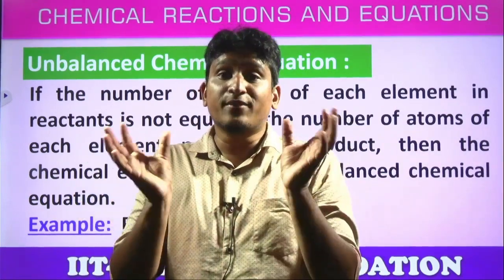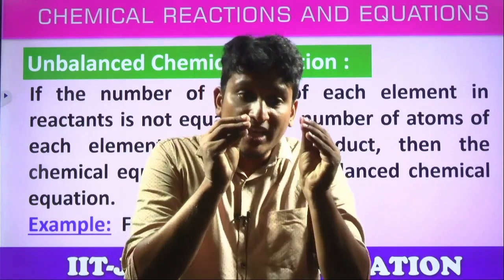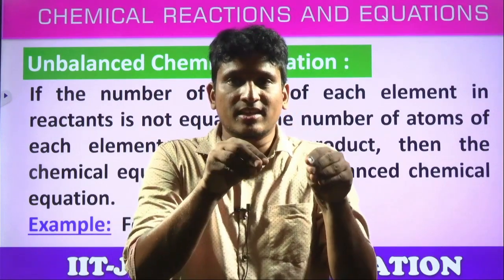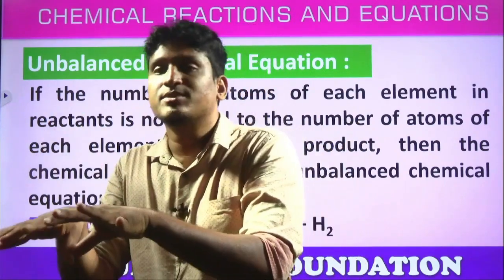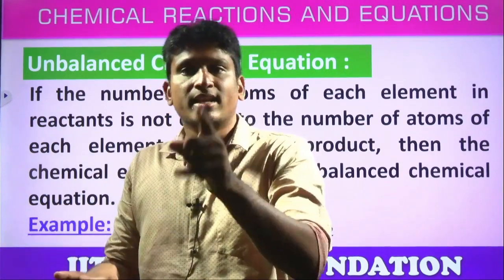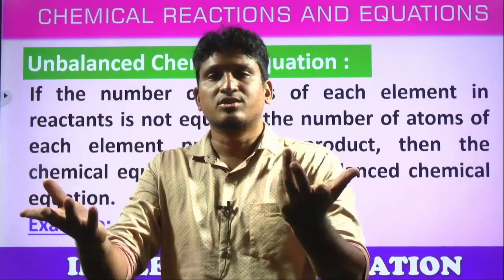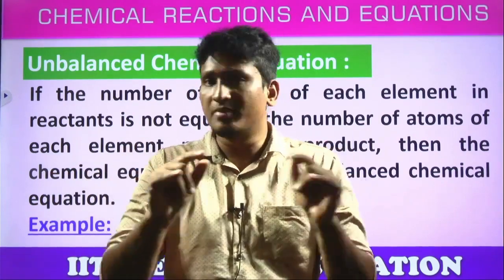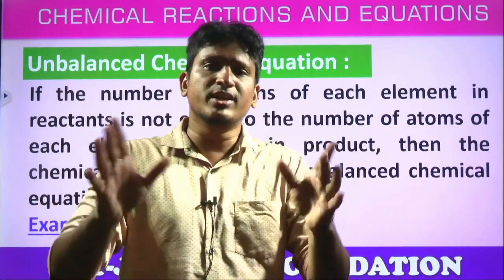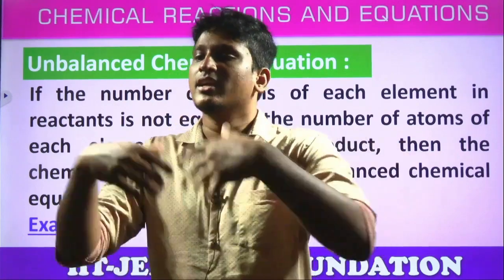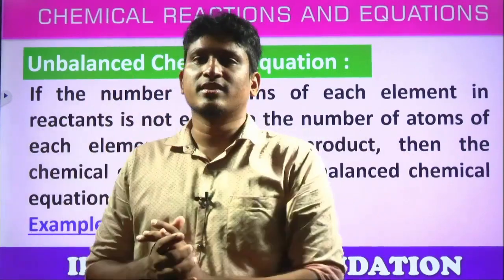If you are specifying how many atoms are participating on the reactant side and how many atoms are producing on the product side, then the reaction is balanced. But in general, how do we represent, students? In general, we don't represent how many atoms. We simply represent this is participating, this is reacting, this is producing.